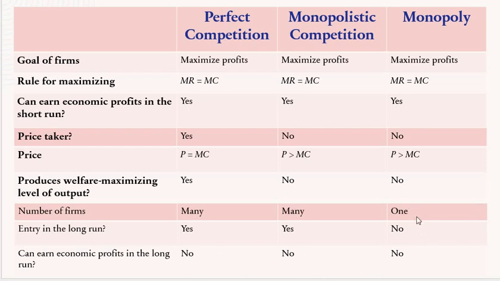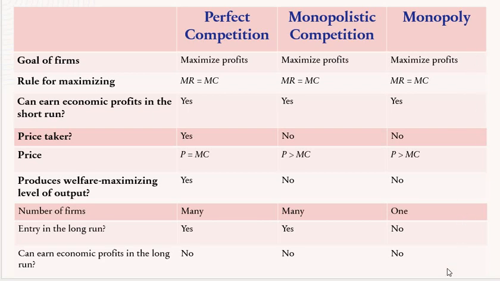But monopoly is different. Monopoly is only one firm, the only one supplier in the whole market. There is no entry in the long run because it might be enforced by law, it might be backed by a unique patent or certain types of charter orders, right?